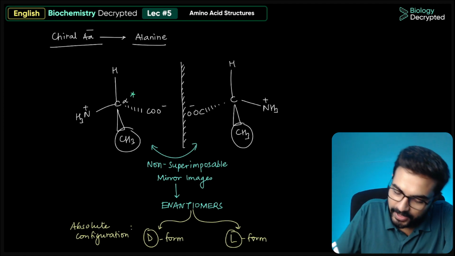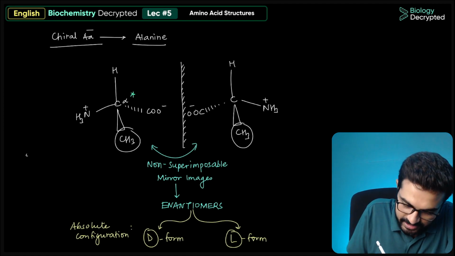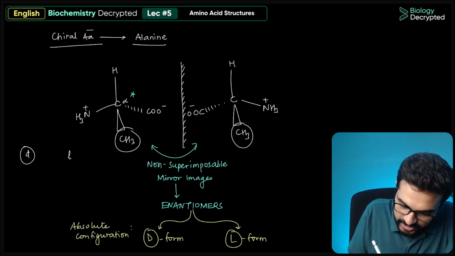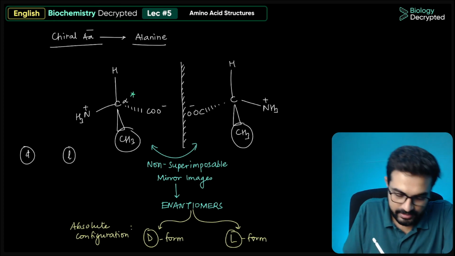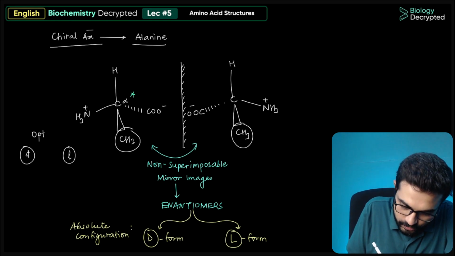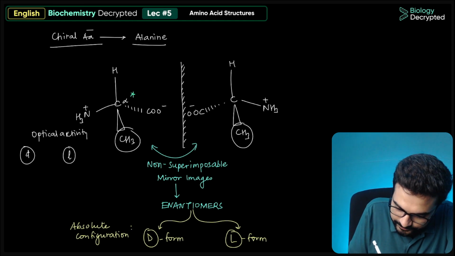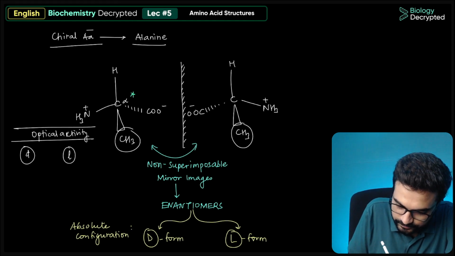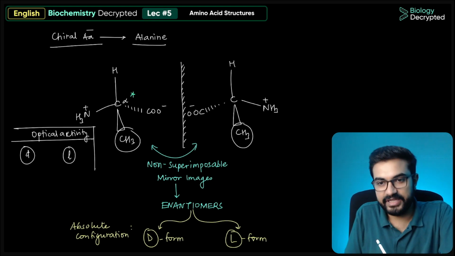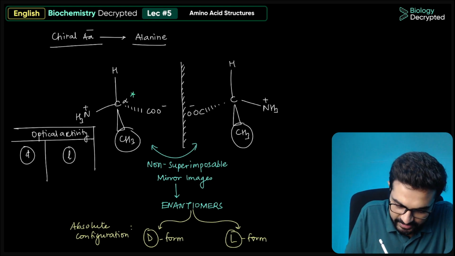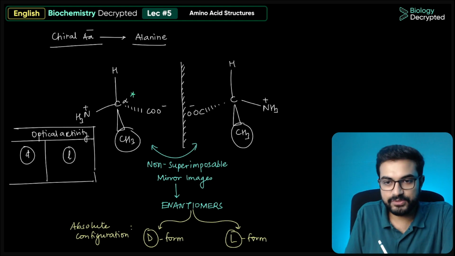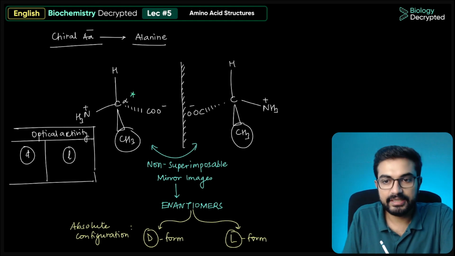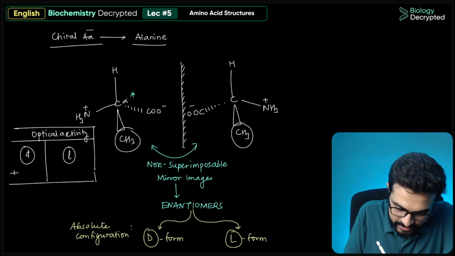Now, you might have heard about small d and small l. Actually, these two signify optical activity, where small d stands for dextrorotatory, and it represents plus.